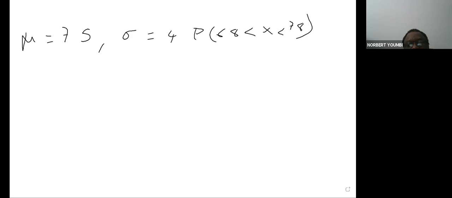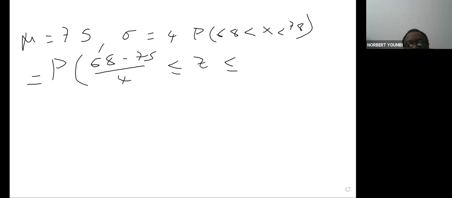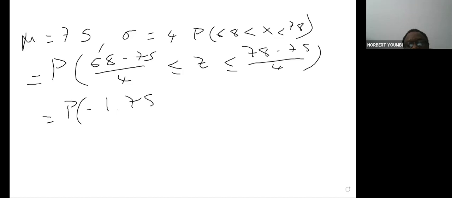So what we will do is find the z form. This is 68 minus 75 divided by 4, less than or equal to z, less than or equal to 78 minus 75 over 4. 68 minus 75 is minus 7, divided by 4 is minus 1.75.